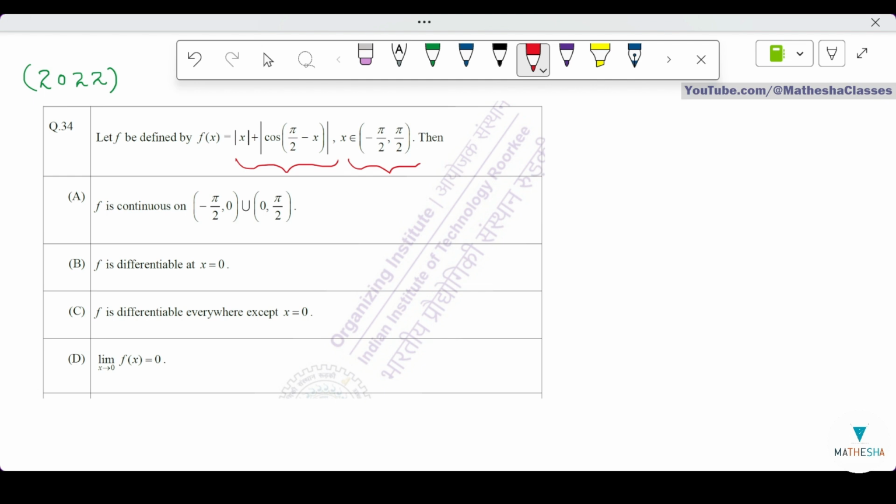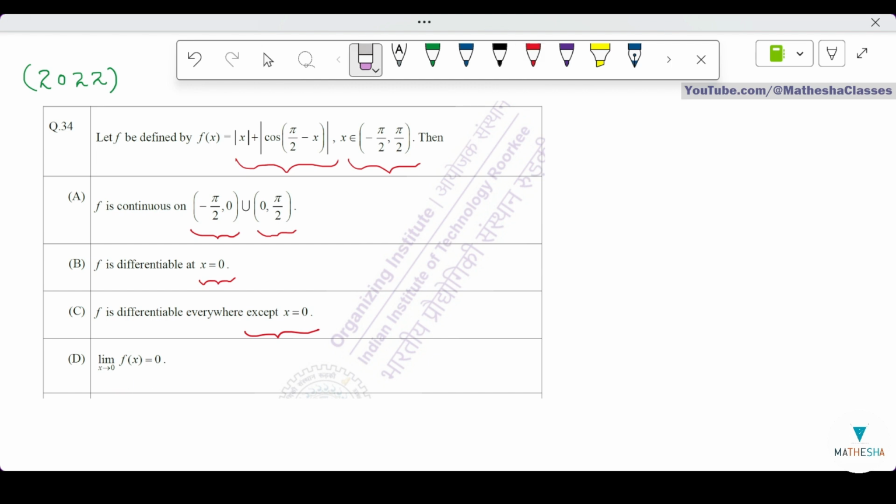Option 1: f is continuous on the open interval minus pi by 2 to 0, union 0 to pi by 2. Option 2: f is differentiable at x is equal to 0. Next option: f is differentiable everywhere except x is equal to 0. And the last option: limit x tends to 0 f(x) is equal to 0.